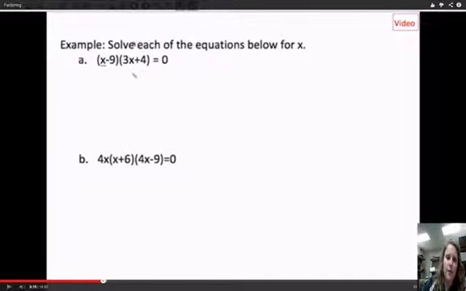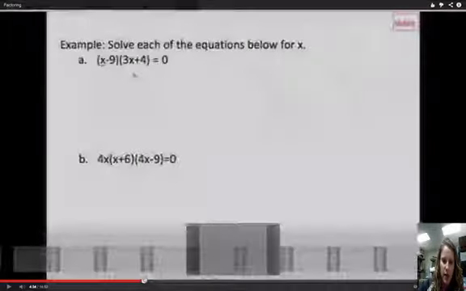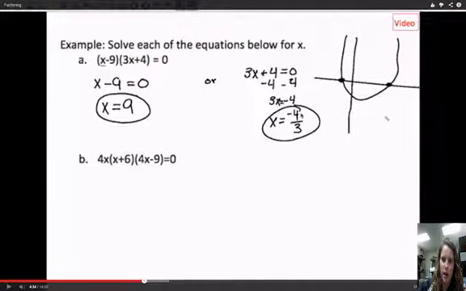Then the other thing, the B, could be 0 as well. So what makes 3x plus 4 equal 0? Well, if you look later in my work, we have 3x equals negative 4, and then negative 4/3 equals x.